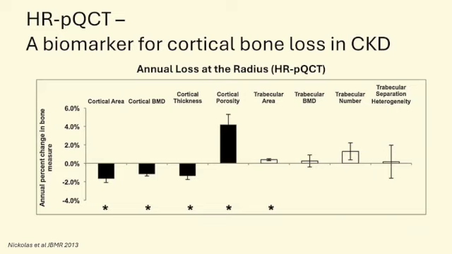And in this study, we evaluated patients over a period of about 1.5 years. And we found that in that time period, it was the cortical bone compartment that was at most risk for deterioration. And these patients had loss of both cortical density, they had thinning cortices, and they had increases in cortical porosity. And interestingly, the trabecular bone compartment was basically stable, untouched.